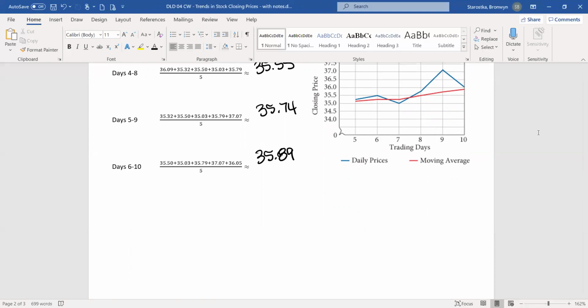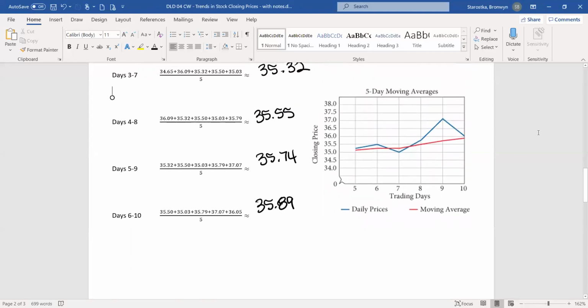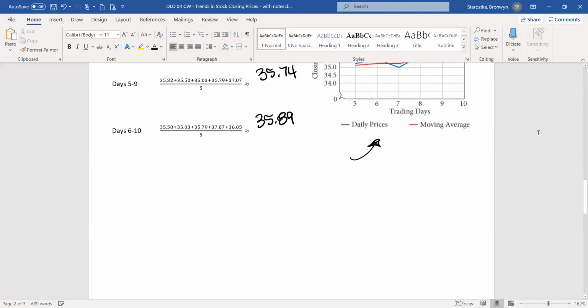And so you can see over here on the 5-day moving averages, if you just plotted all those days, how there was a big peak on day 9. But if you did the moving averages, you can see how it smoothed out the trend. And this is what we're talking about right here, smoothing out the trend.